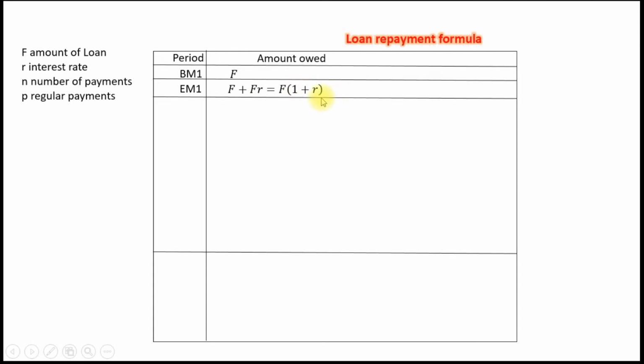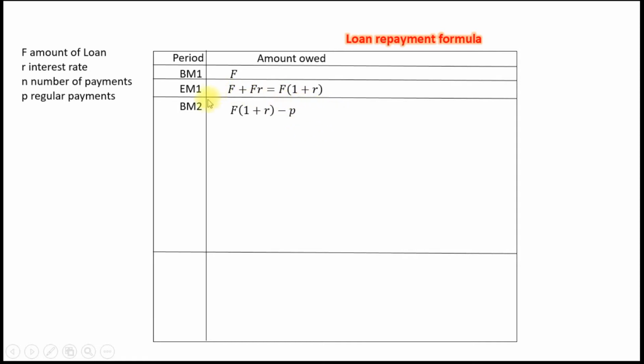Now, how much will we owe at the beginning of the second month? At the beginning of the second month, we will owe this amount, but we make a payment. So it's this amount minus a payment P, which we don't know what it is at the moment. This is what we're trying to work out. So how much would we owe at the end of the second month?